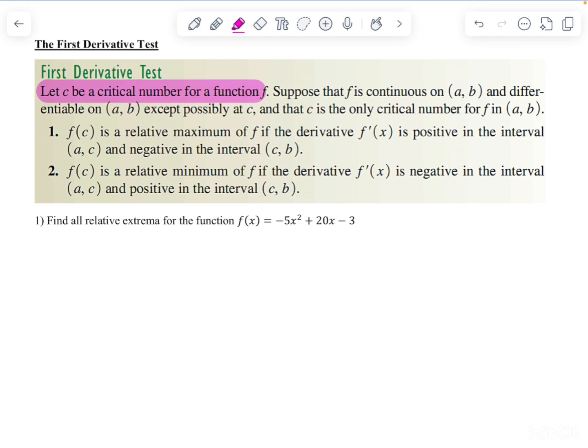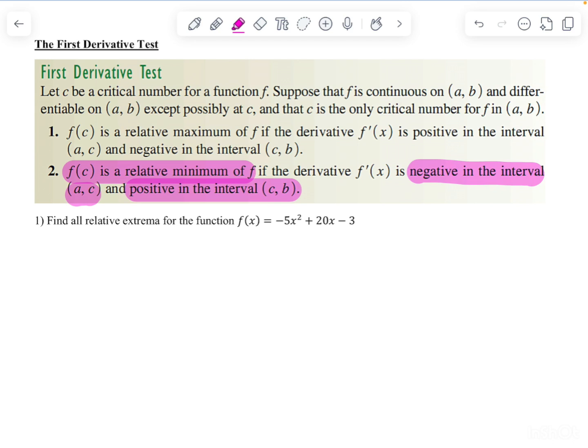Suppose that f is continuous on (a, b) and differentiable on (a, b), except possibly at c, and that c is the only critical number for f in (a, b). f of c is a relative maximum of f if the derivative is positive in the interval (a, c) and negative in the interval (c, b). f of c is a relative minimum of f if the derivative is negative in the interval (a, c) and positive in the interval (c, b).